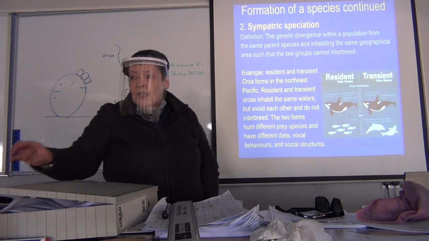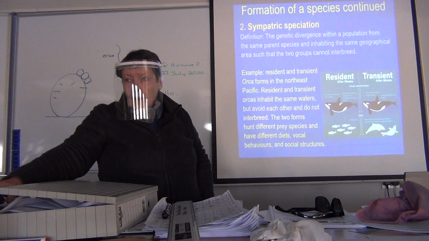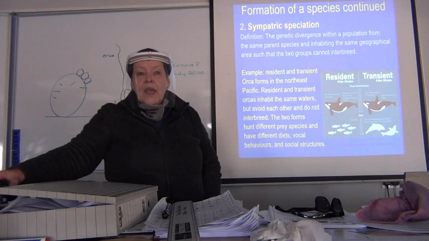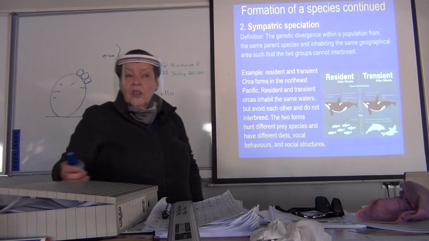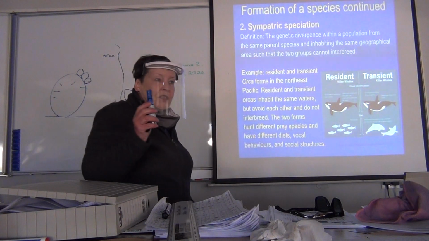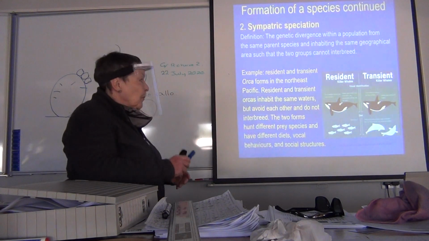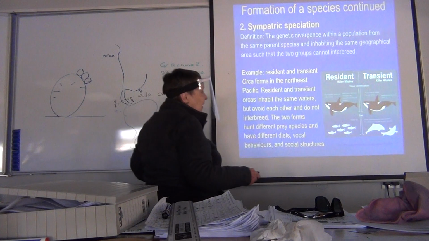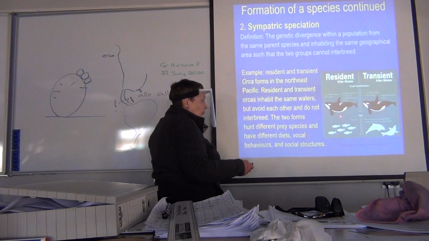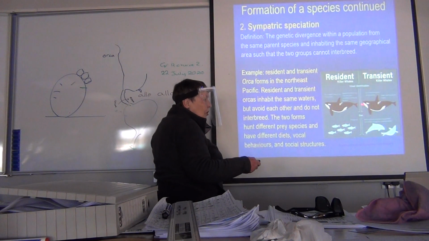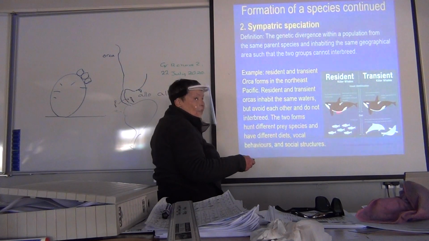They are the same species as each other, but they have changed so much that they no longer have the same reproductive behaviors. They are now eating different food, and they have different social structures within the group, and they have different sounds. So they no longer have the same calls.